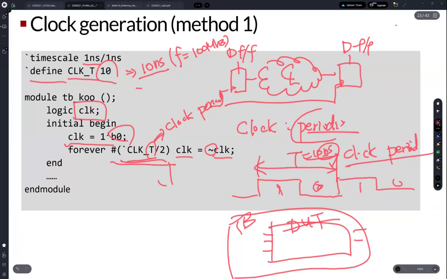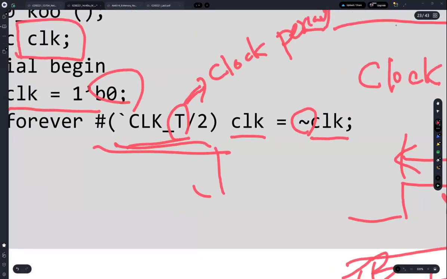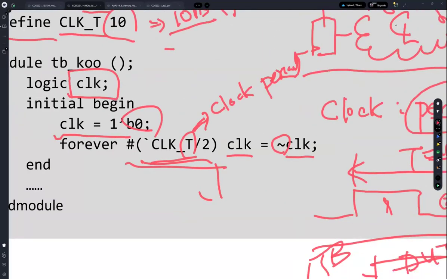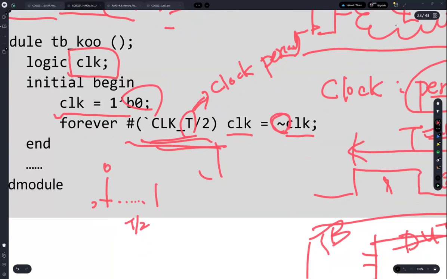So initially, clock is 0. This is the beginning of the simulation. So clock is 0, and then in half of clock period, T divided by 2, you can find here, then clock signal is inverted. So it was 0, then it will change to 1.